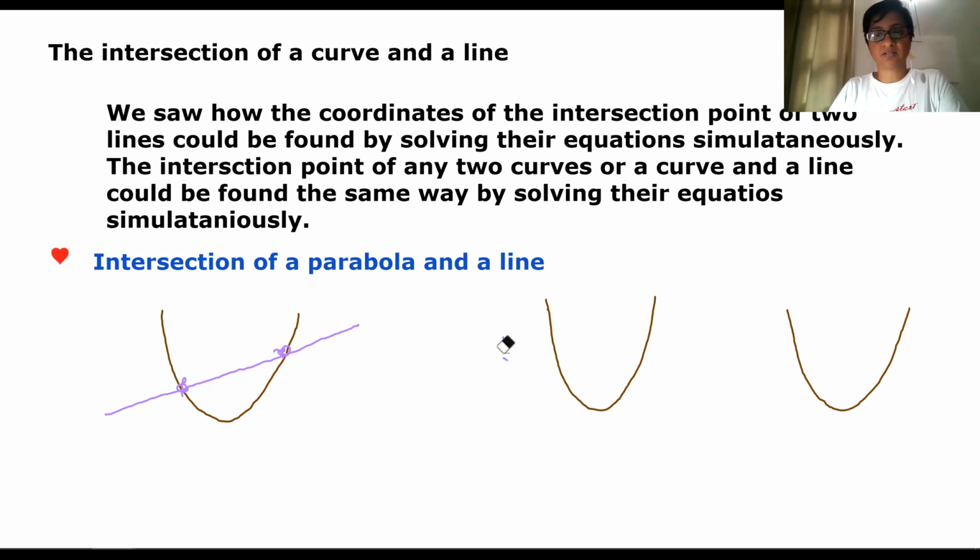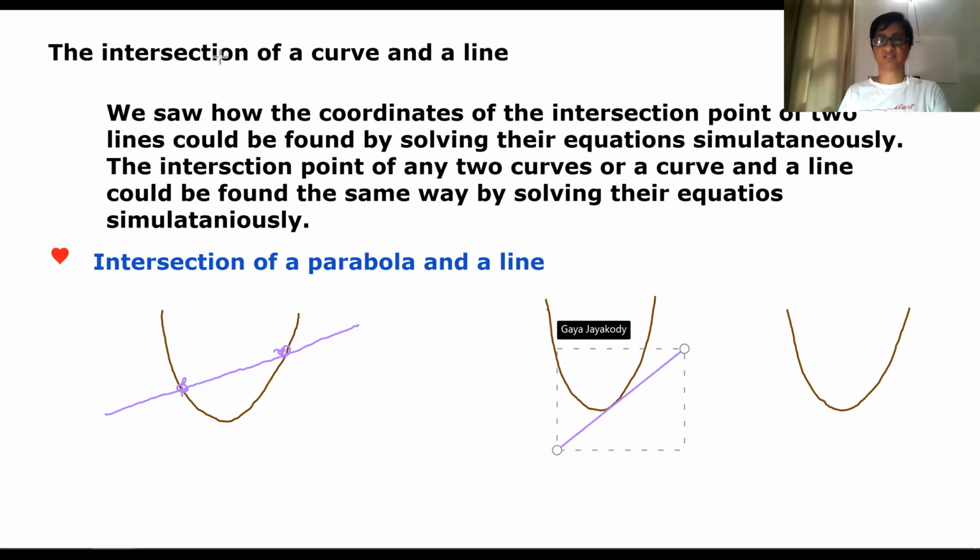Did this get stuck? Looks like this is stuck. Ah, okay, it's working. But I can't draw. Okay. Can you please draw it properly? Let me try it again on this side. Oh my goodness. Let me try this.